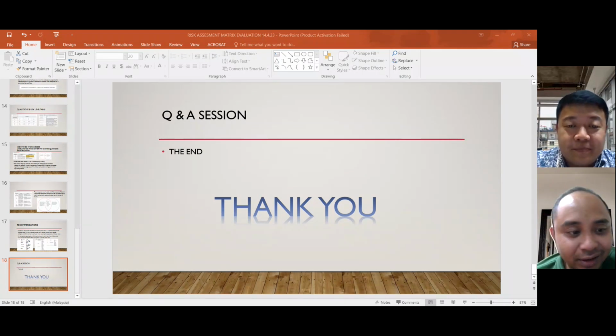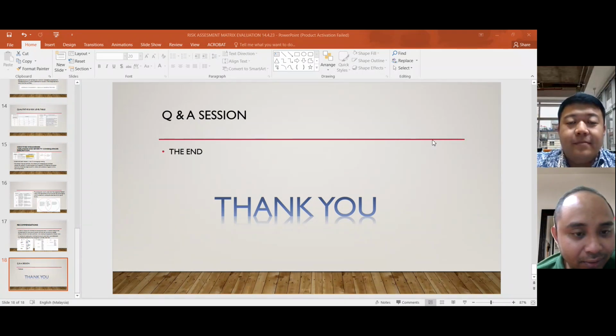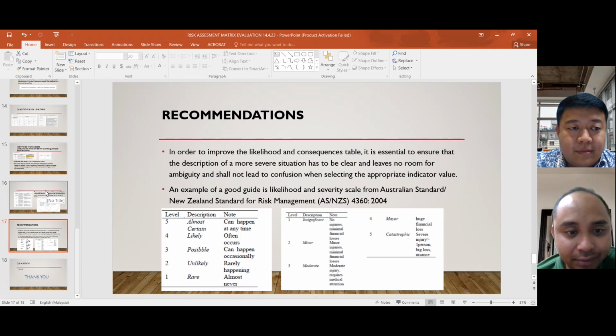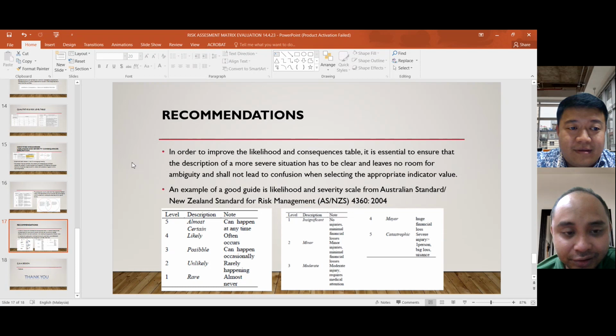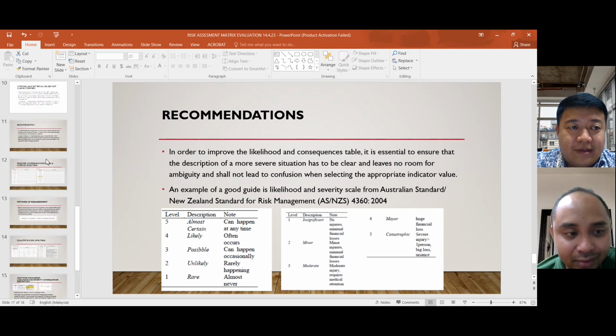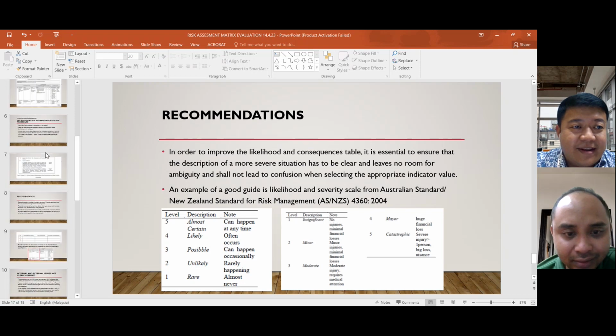I want to ask regarding the conclusion just now. Okay, for which part? Number 16, this one, the conclusion for the hazard identification.